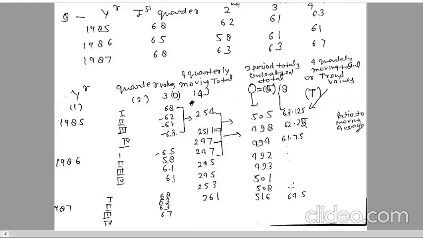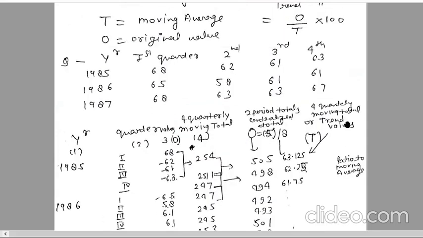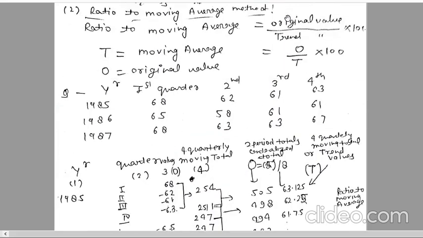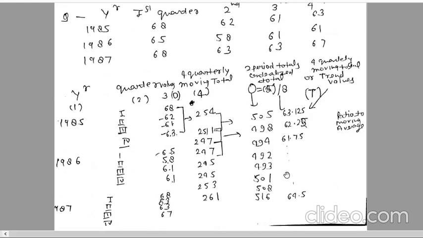Now for the ratio to trend moving average, just put in all these values: O upon T into 100. So O is 505 divided by 63.125 into 100. Just divide all these values, then your answer will be here. So you will find your average values for this one, this one, this one, and this one.